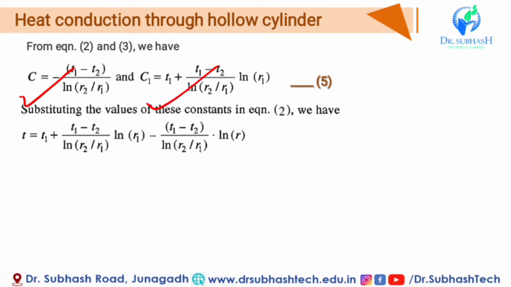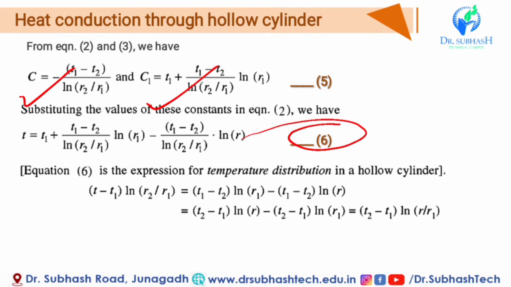Substituting the values of these constants in equation number 2, we get the equation of T, which is equal to T1 plus T1 minus T2 by ln R2 by R1 into ln R1 minus T1 minus T2 divided by ln R2 by R1 into ln R. Say equation number 6.